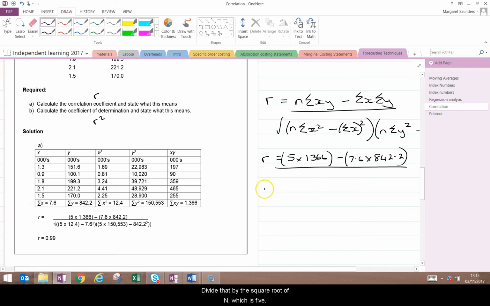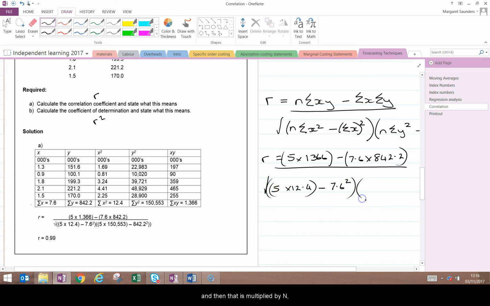Divide that by the square root of n, which is 5, times sigma x squared, go to the x squared column, that's 12.4, minus sigma x, which is 7.6, squared.